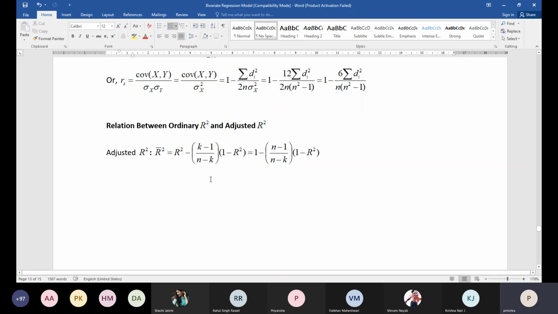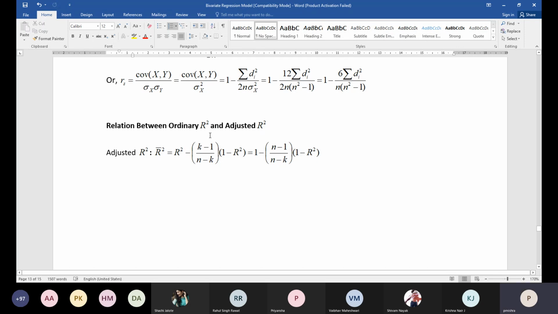And with inclusion of more and more independent variables into the regression model, this penalty increases in terms of loss of degrees of freedom for the residual sum of square. And you see these degrees of freedom, that is k minus 1, go up as k increases.